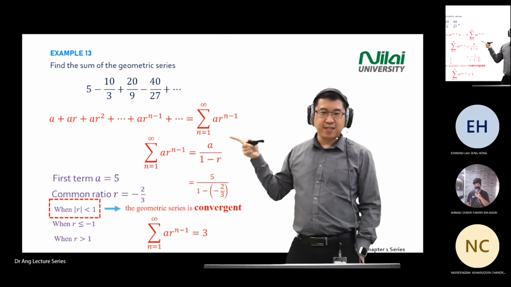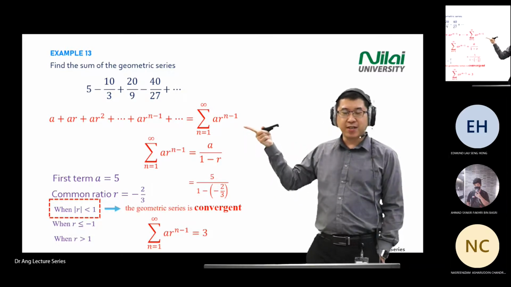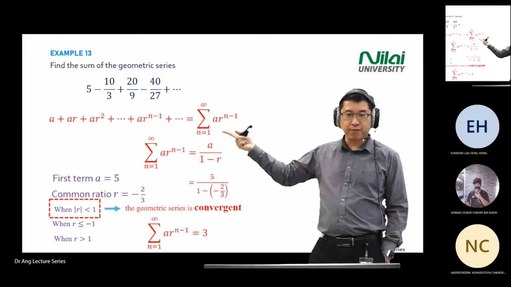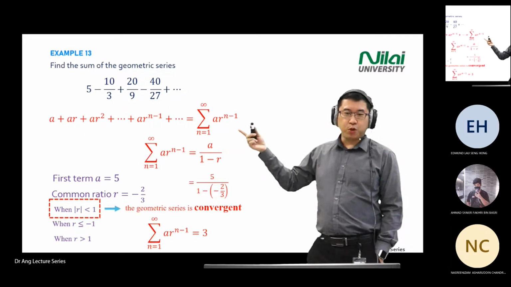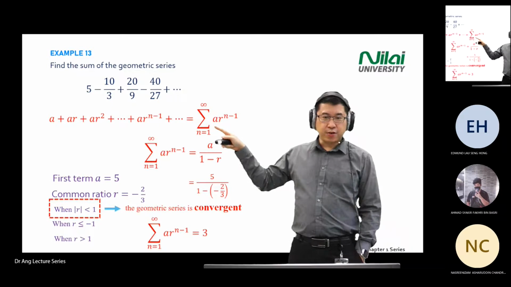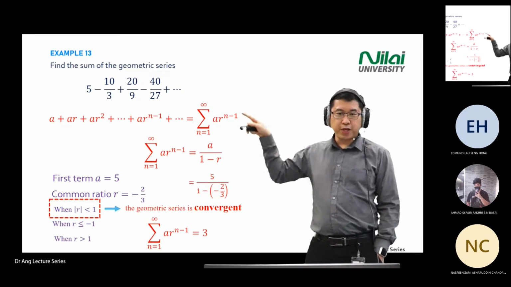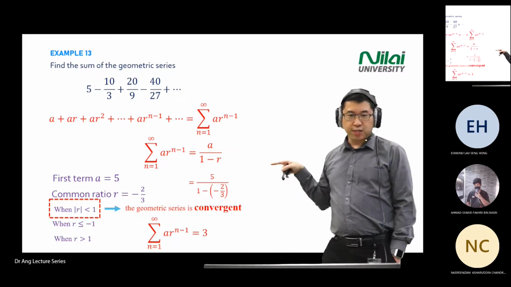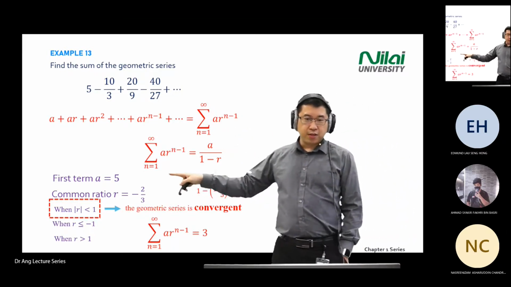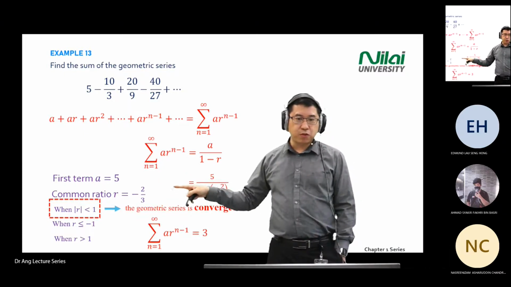It's just seeing whether you understand which is the correct equation to use. Basically, you can copy from the PowerPoint slides, or even from your notes. This one, you copy this one, put your answer, copy this one, put your answer, but these two only apply for geometric series. You score 2 marks, you substitute the value, you write A equal to 5, you write R equal to negative 2 over 3.